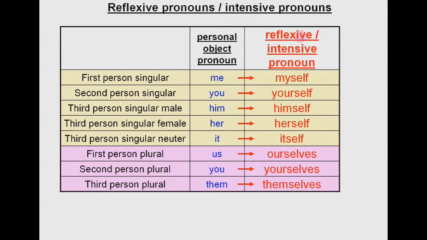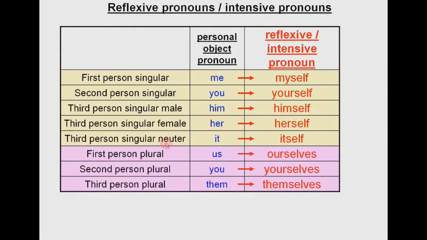So in this column in red, this is the list of 8 reflexive pronouns and 8 intensive pronouns. So the 8 words are reflexive pronouns and intensive pronouns. It is the same words for both.